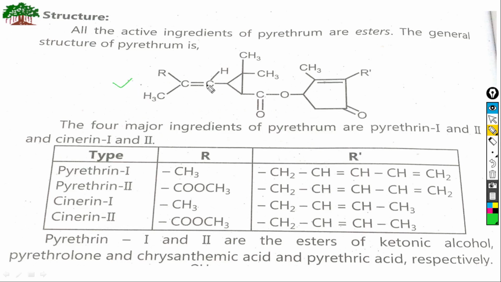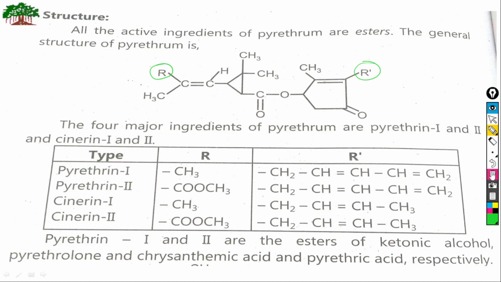It contains this olefinic double bond as well as this three-membered ring, and one ester group or ester functionality, RCOO, with this R. We can replace this R and R dash by different groups and we will get different compounds.